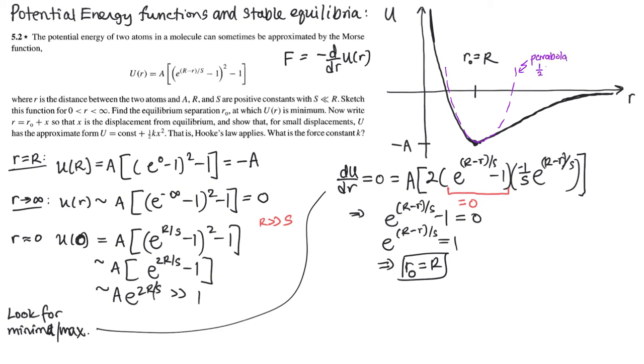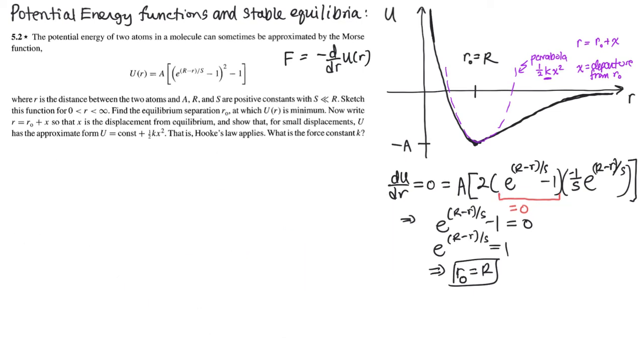That's like 1/2 kx squared, where x is the departure from r naught. In other words, the position r is equal to r naught plus this little x. And so we want to know, what is this k? How stiff, in quotes, is that spring that's approximately quantifying our potential near the equilibrium position?